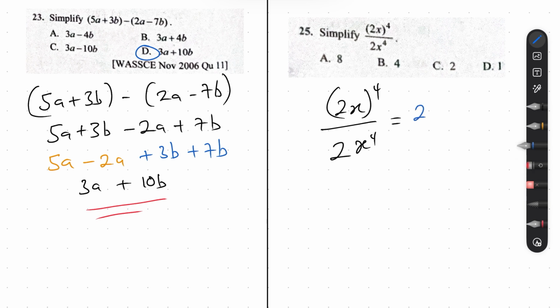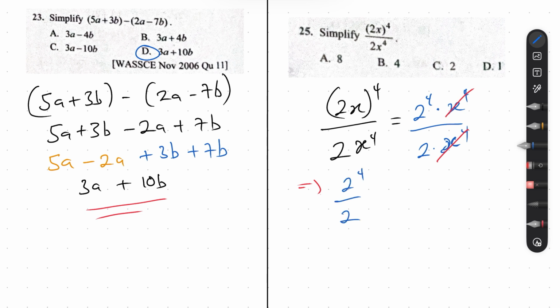So let's do that. 2 to the power 4 times x to the power 4 all over 2 times x to the power 4. Now we can easily cancel x power 4, x power 4. What are we left with? We are left with 2 to the power 4 over 2.